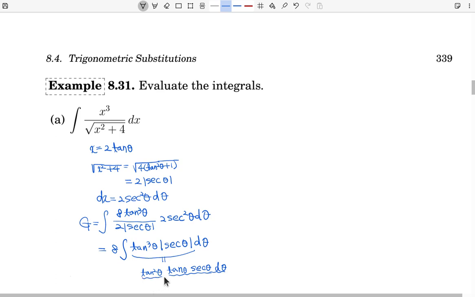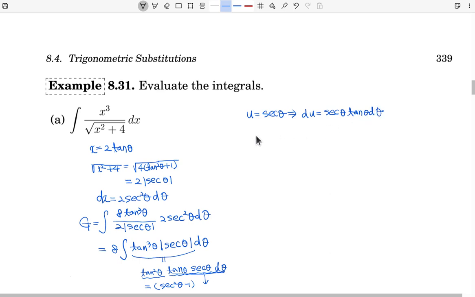Now we can change this one into sec squared theta minus 1, and this portion here. By using u as sec theta, du must be sec theta tangent theta d theta, right?